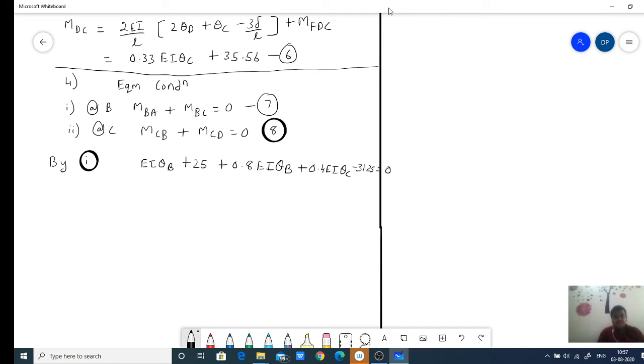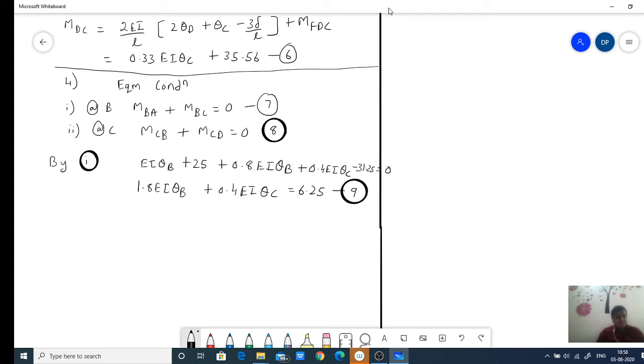This is equal to 0, right? Now after solving this, this will be 1.8 EI theta B plus 0.4 EI theta C is equal to 6.25, right? So I will call this equation 9.